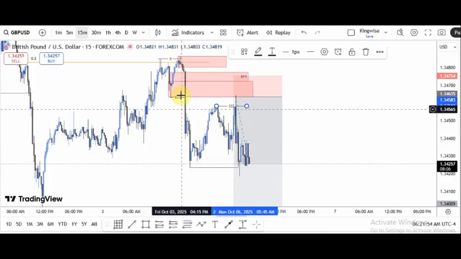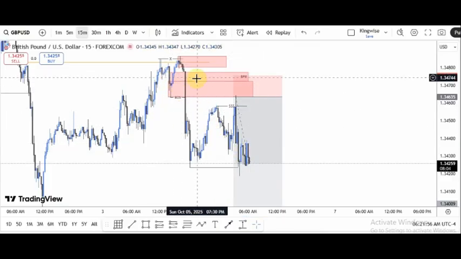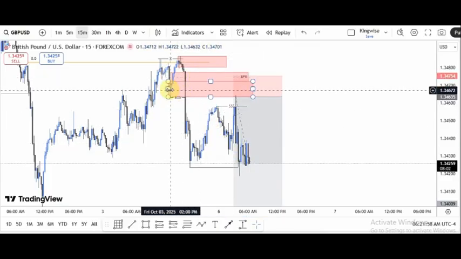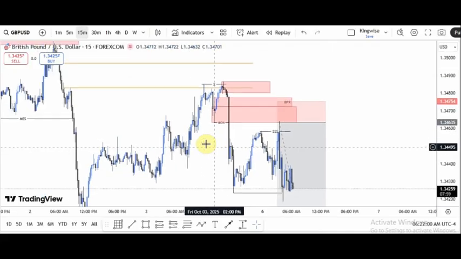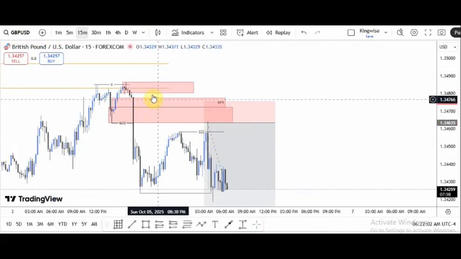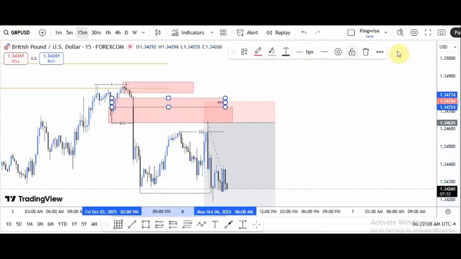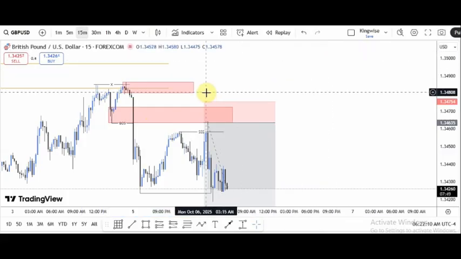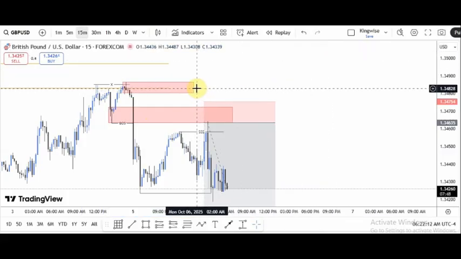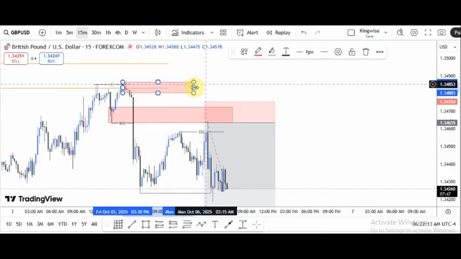So we have this as our liquidity. We can refine our zone. It's not even refined. This is still the zone. So let's take out this BPR, which is our balance price range. Take it out. We don't need it. We don't need the supply zone also. We have our breaker block.